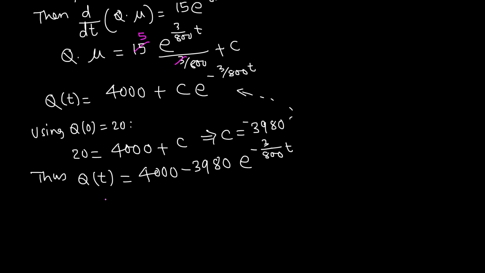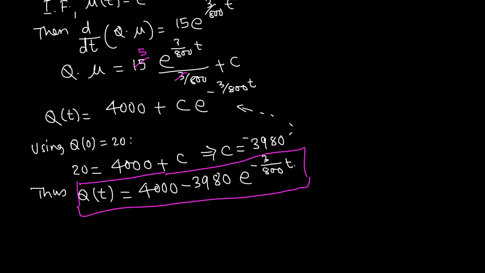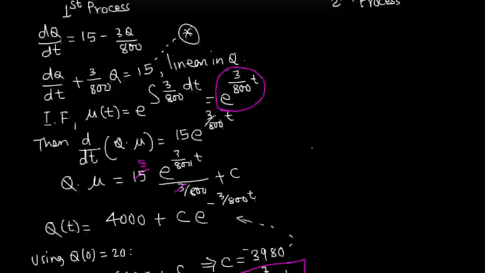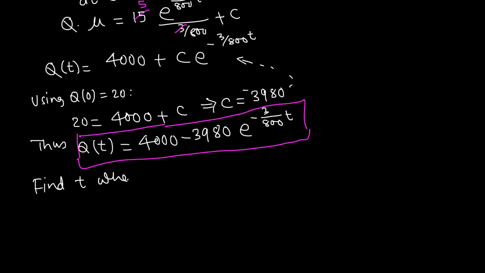Now let's determine the time when the pollution reaches 500 ounces, so that we can start the second process. Find the time t when Q is 500. We set Q equals 500 and solve for t.